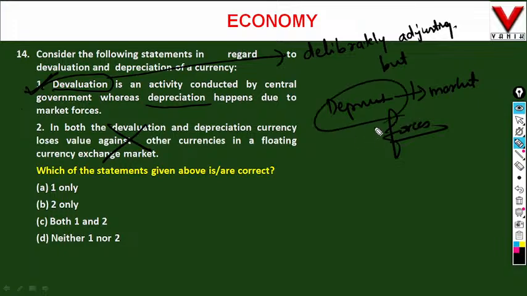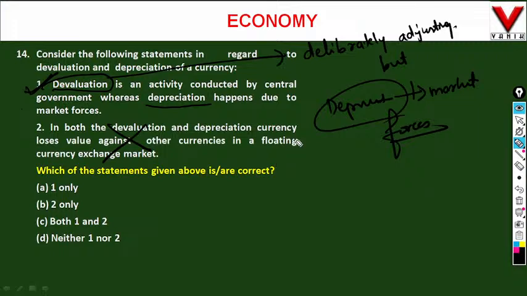The market forces detect whether the currency of a country is going to depreciate or not. If a government decides to make its currency less valuable, that is called devaluation. But depreciation happens because of the change in the floating exchange rate.